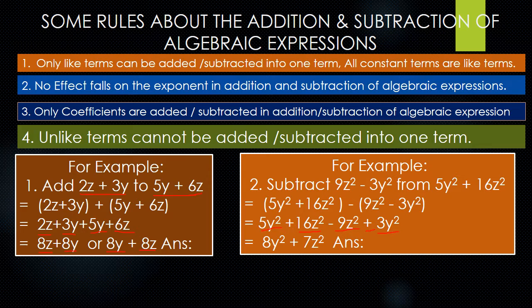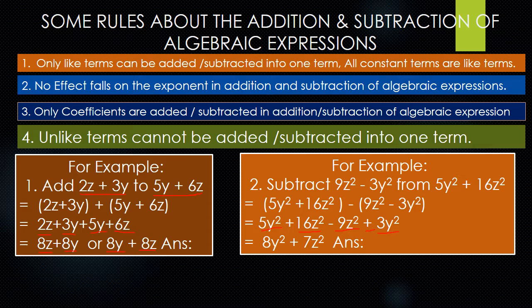Now you look at here, 5y square plus 16z square. Here again I have removed the parenthesis, minus 9z square plus. Why is this plus here? Because in the upper line minus is given and I have written plus here. Why?